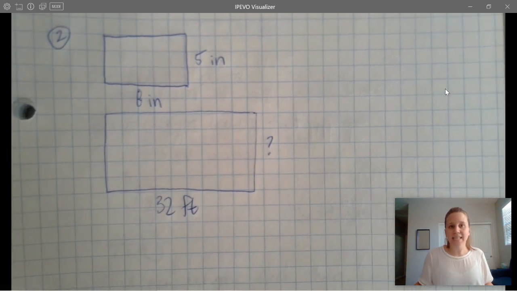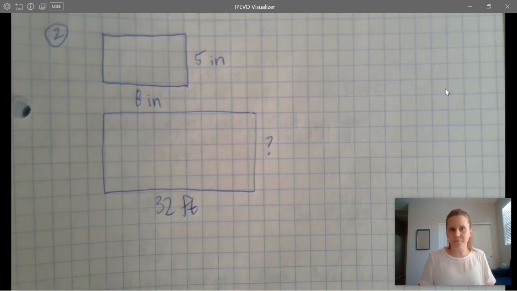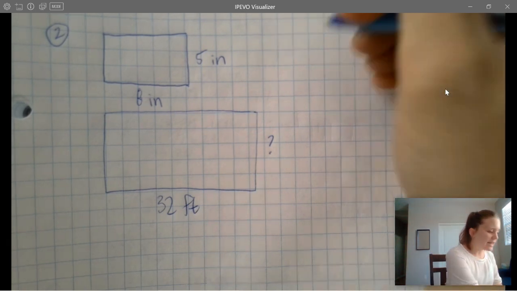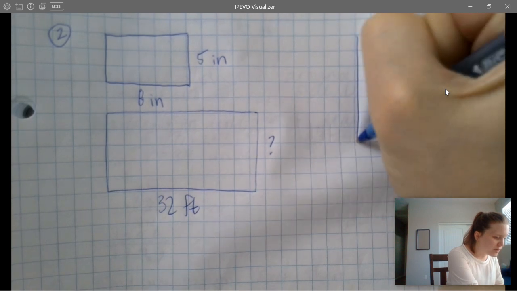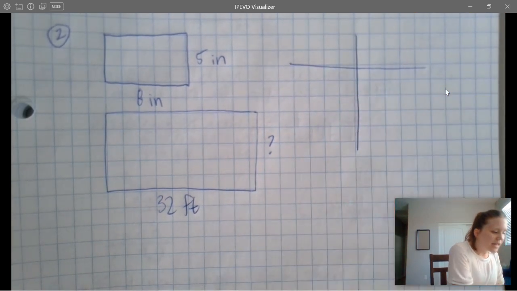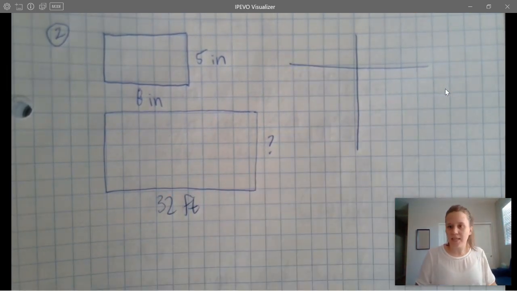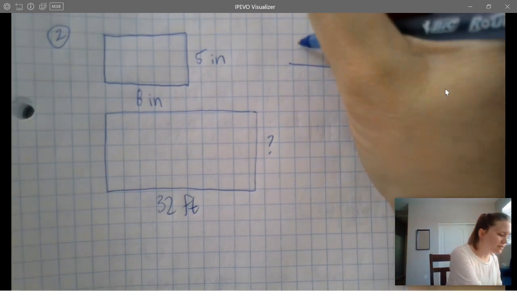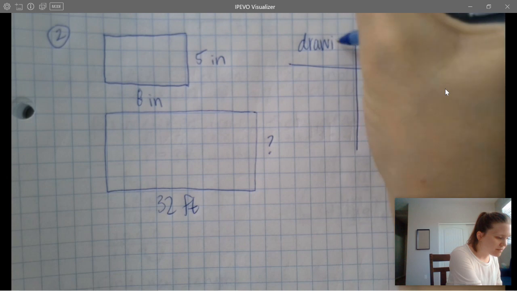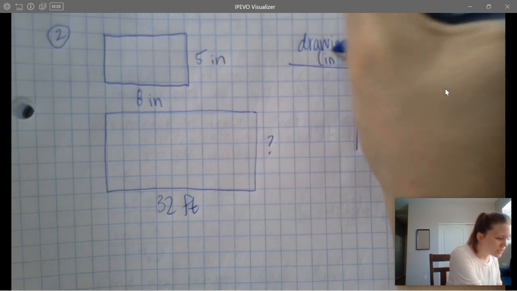Okay, I'd like to set up a ratio table. And then I want to show you one other strategy that maybe your brain is already thinking about. But let's go ahead and set up a ratio table. On one column, I want you to label that the drawing, in inches.